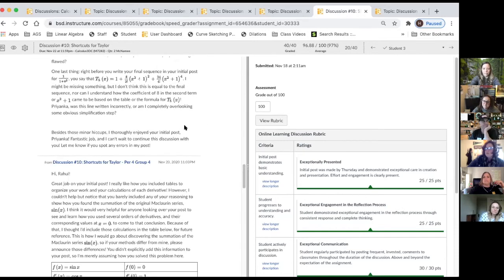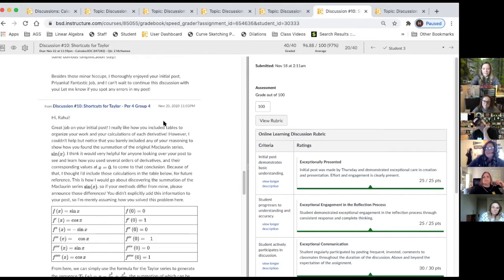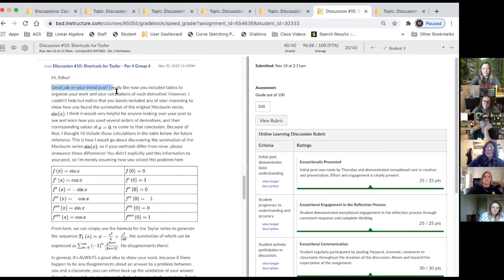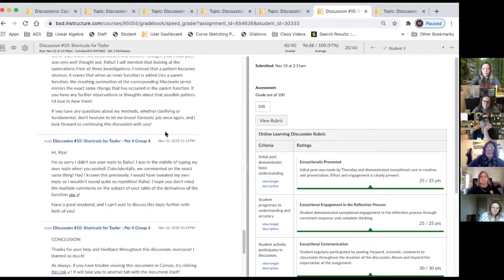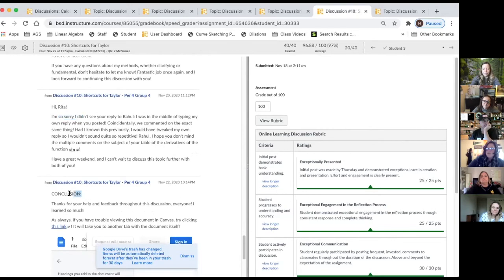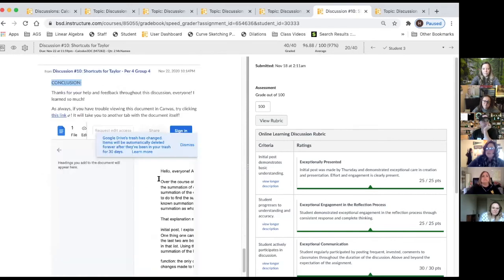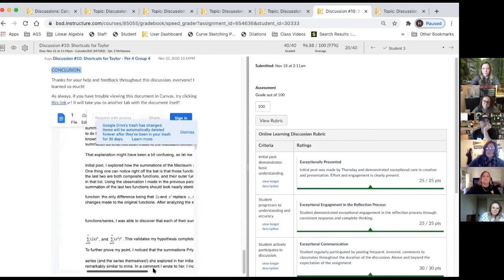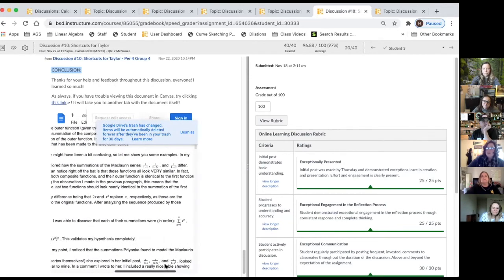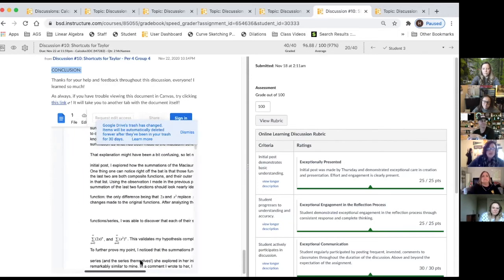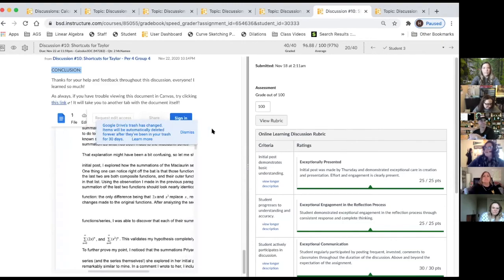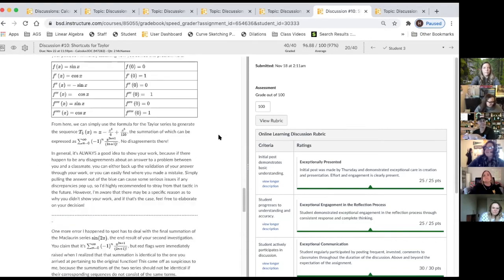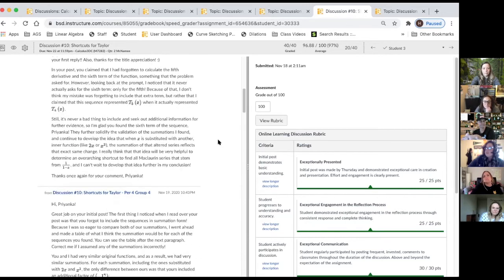This person really wrote a lot. Great job on your initial post. And then further down, they're commenting to other people, and then they tell me, this is my conclusion, and they type that on a Google Doc. I like this because they have the option of either embedding or uploading anything they want for the discussion, and it gives you an idea of how quickly it goes through.